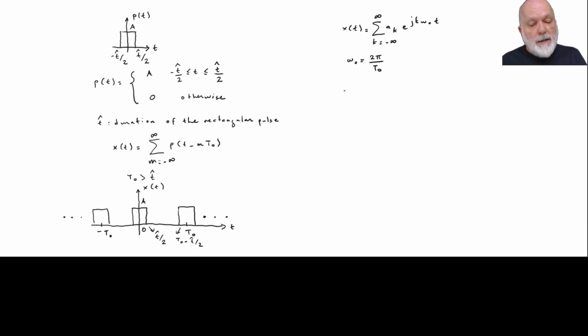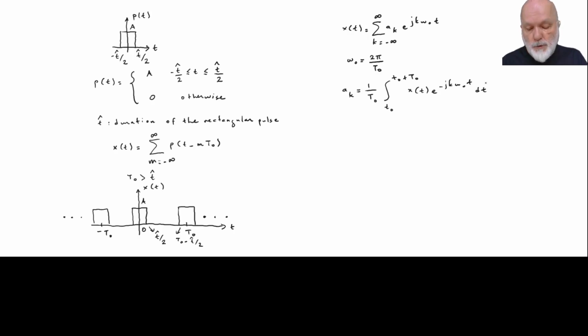Okay, now the coefficients can be calculated by using the formula 1 over t0, the integral from an arbitrary t0 to t0 plus capital T0 of x of t e to minus jk omega 0 t, integrated with respect to t.